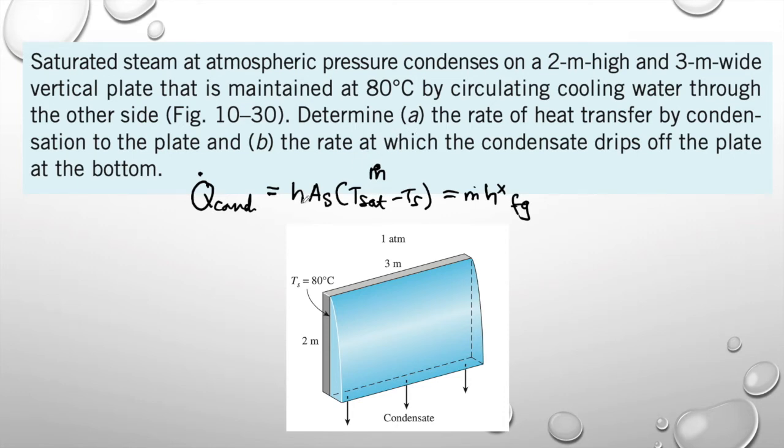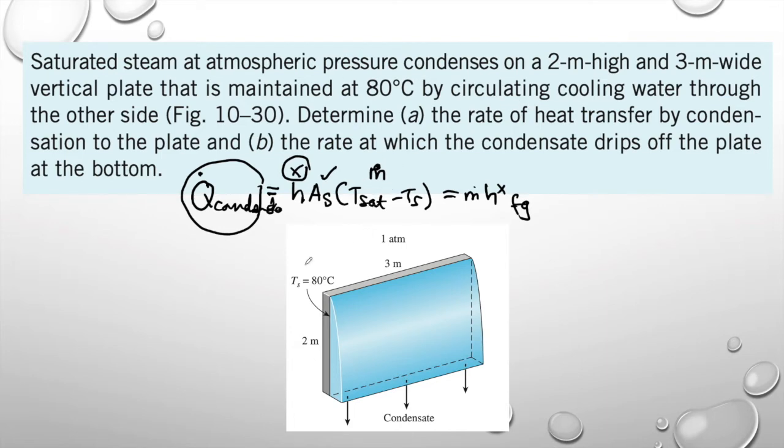Our first question asks us to find the Q dot condensation. Now we have As, h. Do we have h here? No, we do not have h. As, yes, we can determine from the configuration.